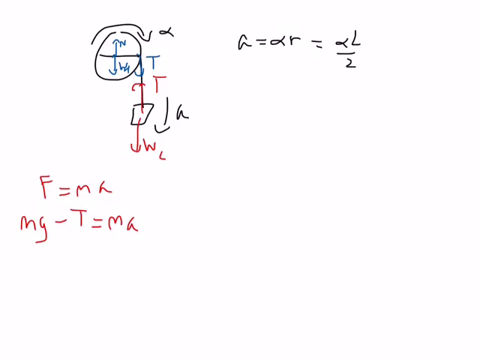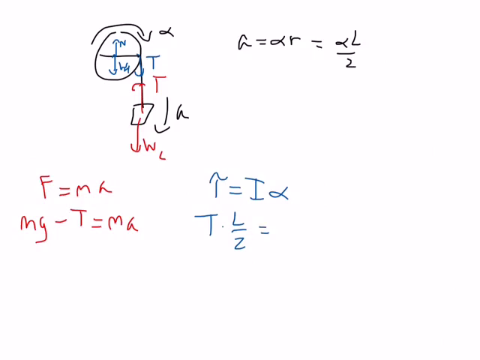Now we can describe the motion of the rotating rod hoop thing. Since it's rotating, we have to use the rotational version, and we just calculated that moment of inertia, so we'll be using that result. But first we have to figure out what the net torque is. Since it's rotating about its center of mass, neither the normal force nor the weight provide a torque. The only thing that provides a torque is the tension, which is a distance L over 2 from the center, and it's perpendicular, so sine theta is 1.